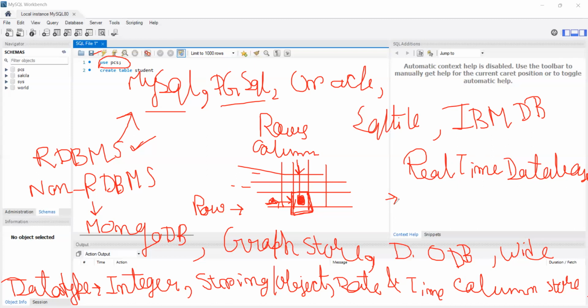And in writing, we use normal alphabetical words. That's the use of SQL. So I am asking, what is the real-time database? Anyone? Sir, a real-time database interacts with a relational database. Yes, it can be relational. Okay, I am just asking about relational database.